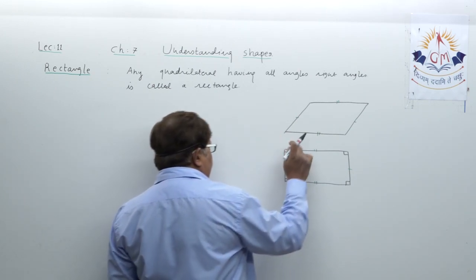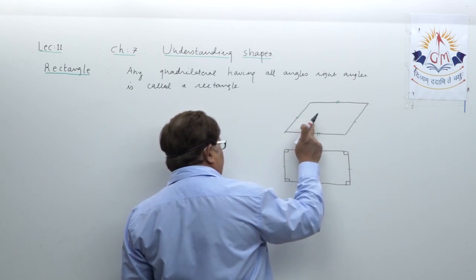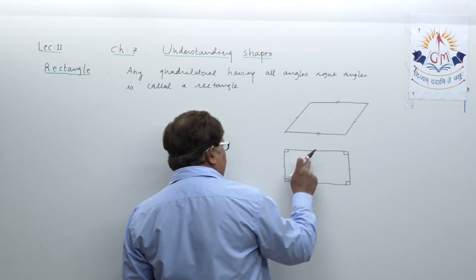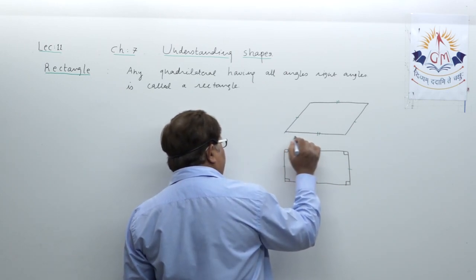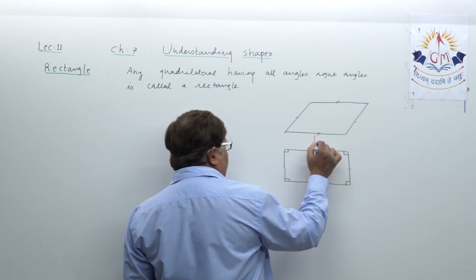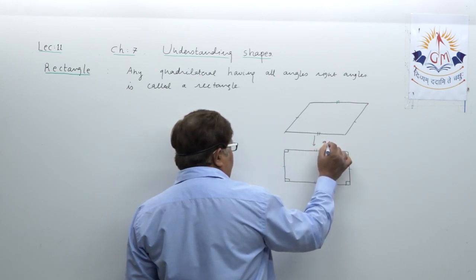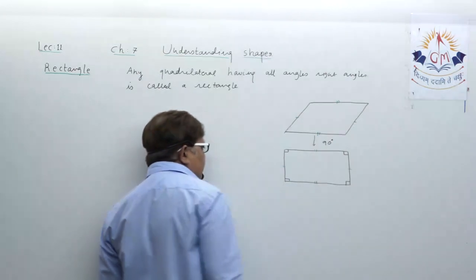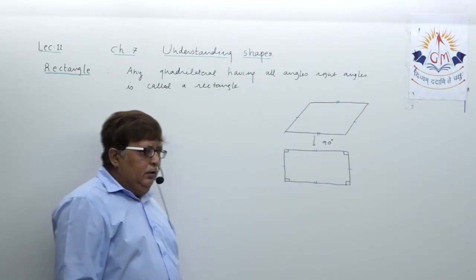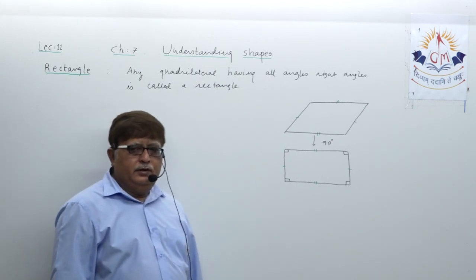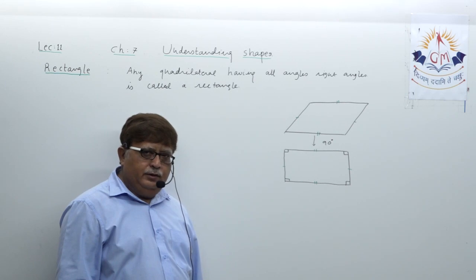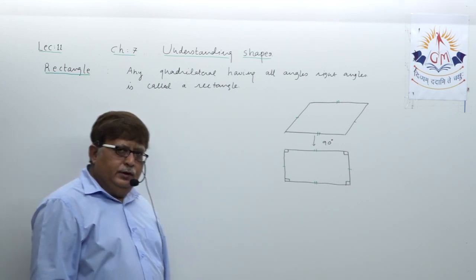So dear student, this parallelogram can become a rectangle when all angles are right angle in parallelogram, you know. If in parallelogram all angles are 90 degrees, it becomes a rectangle. Okay, right?